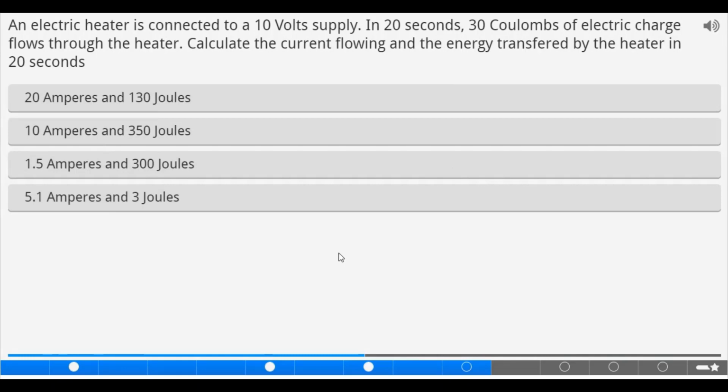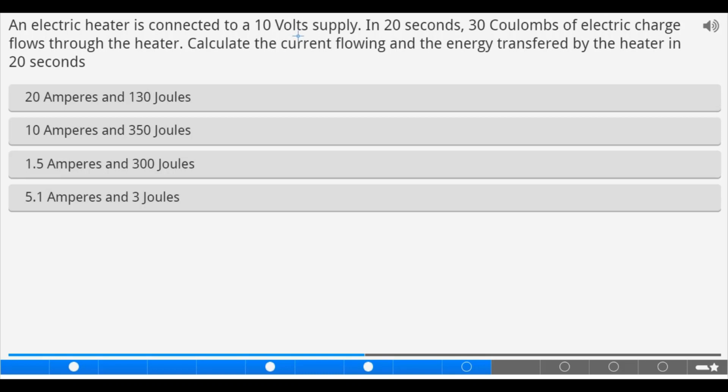Now, an electric heater is connected to a 10-volt supply. In 20 seconds, 30 coulombs of electric charge flows through the heater. Calculate the current flowing and the energy transferred by the heater in 20 seconds.